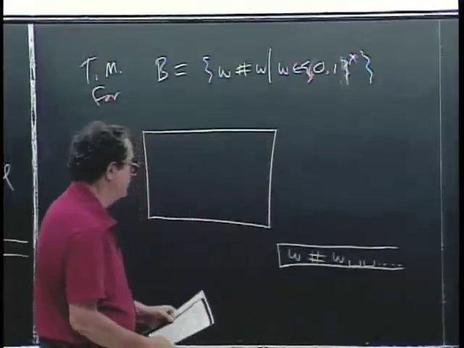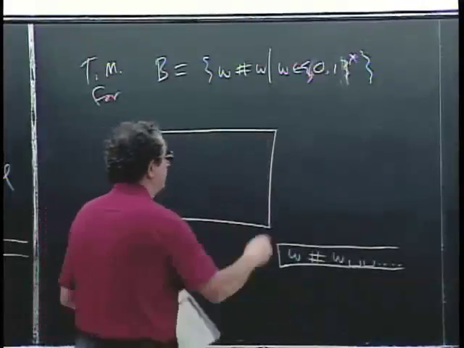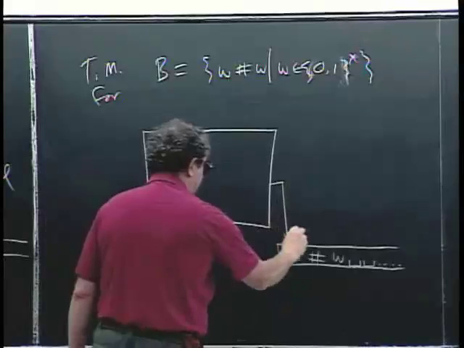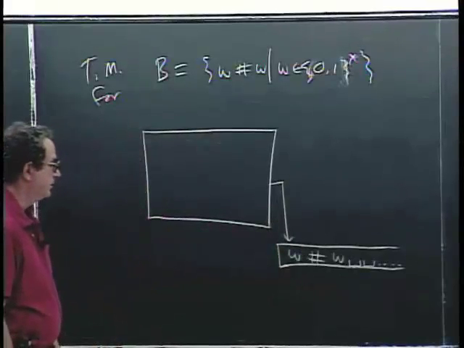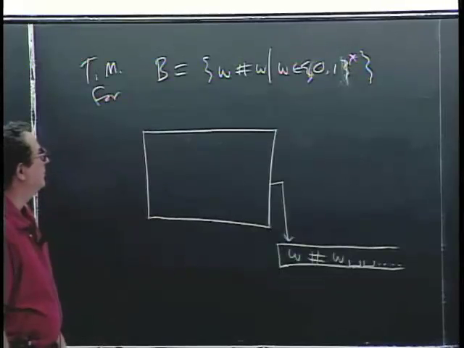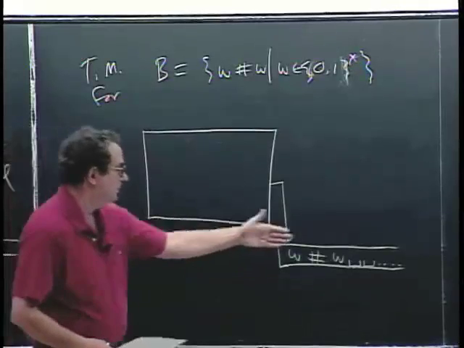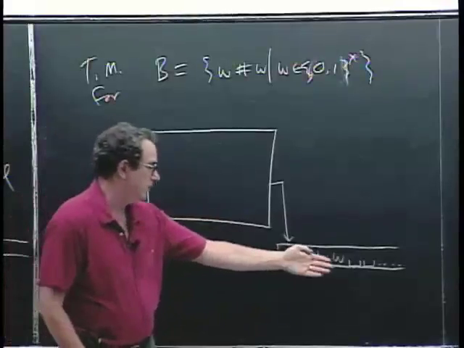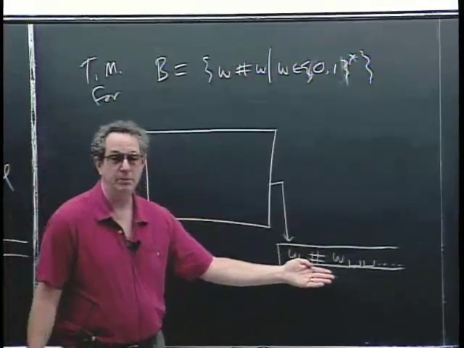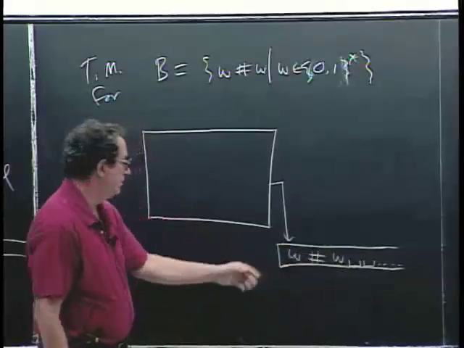Okay, so this is what the input tape initially looks like. The read head is initially at the left end, looking at the first character. We can move left and right, and we can write onto the tape, replace symbols.